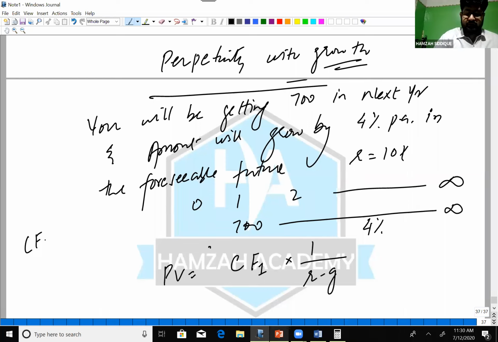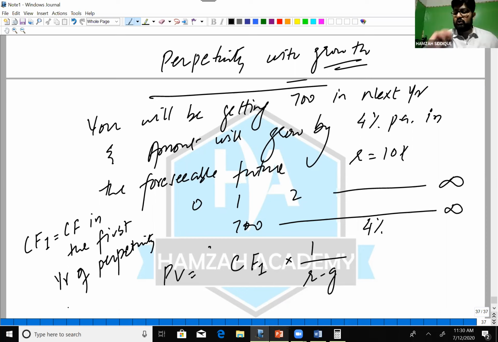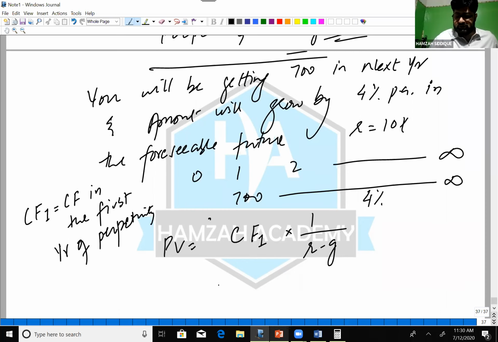CF1 is equal to cash flow in the first year of perpetuity. G is equal to growth rate. So CF1 700 over 0.1 minus 0.04.